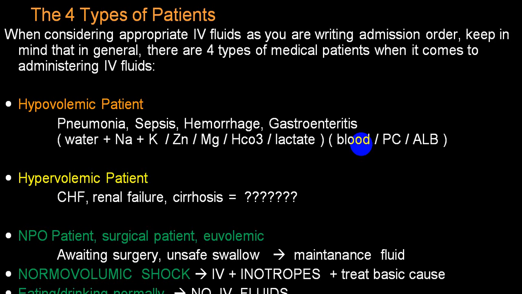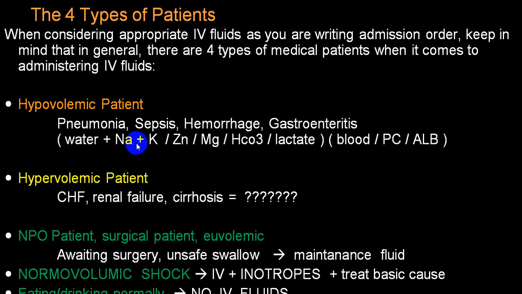Because water is lost, hematocrit will be elevated. That will suggest that the person has got a volume deficiency. Or you can get another parameter to confirm the diagnosis of pneumonia, sepsis, gastroenteritis, hemorrhage, etc. And also we get albumin report to find out if that is deficient.